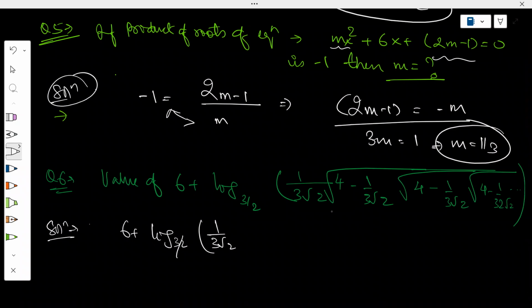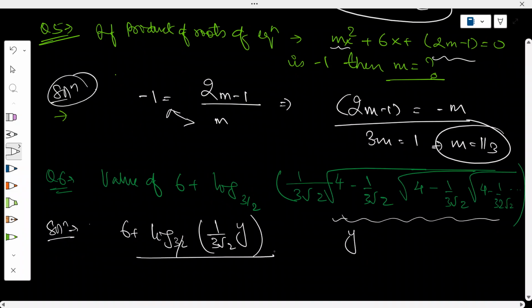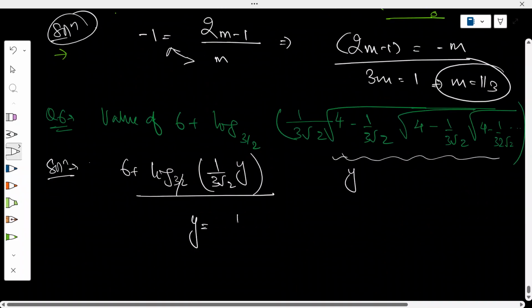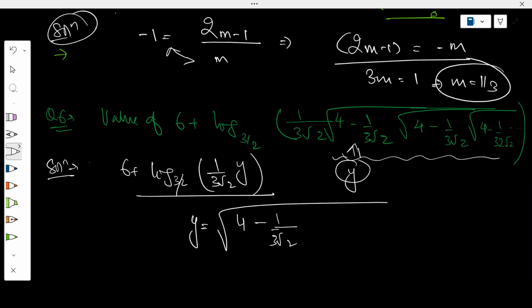So if we suppose that the value of the whole under root term is y, we have to find the value of this. Now we are claiming that y is equals to 4 minus 1 by 3 root 2 times this, but this itself is y only, so we can write here y.